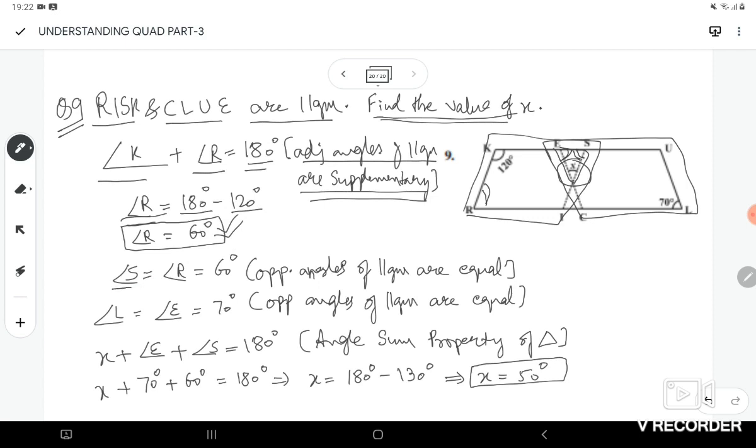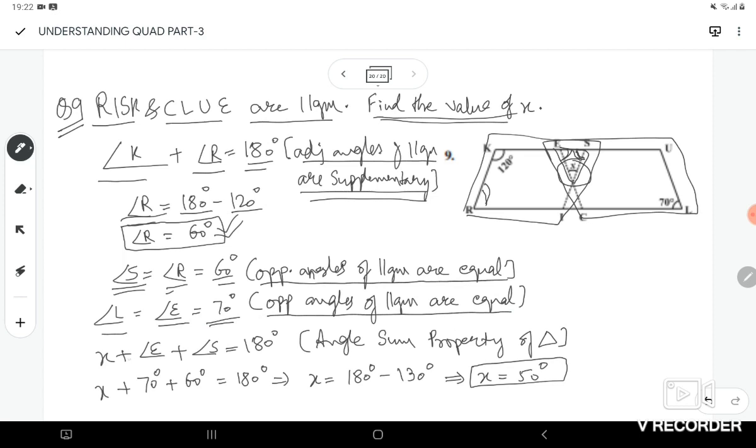Also angle R would be equal to angle S, that is 60 degrees, because opposite angles of a parallelogram are equal. So also angle L equals angle E equals 70 degrees, because opposite angles of a parallelogram are equal.